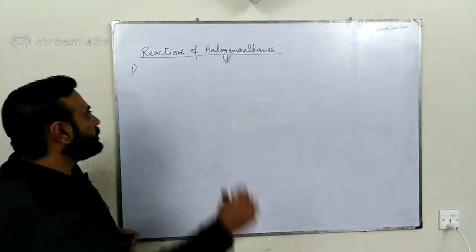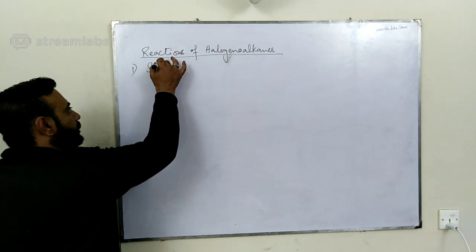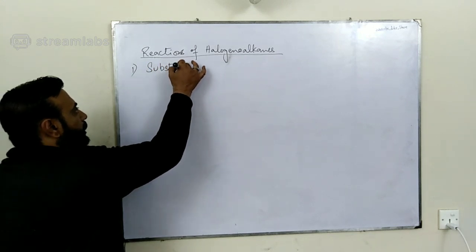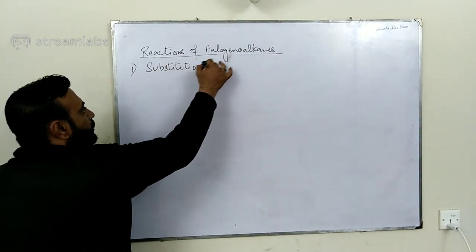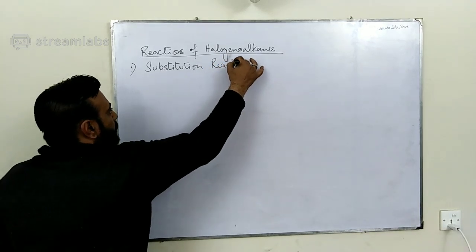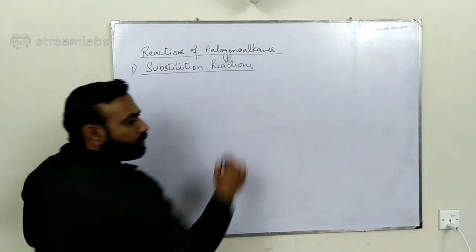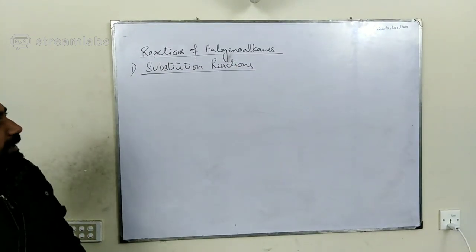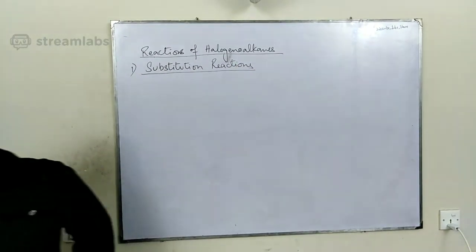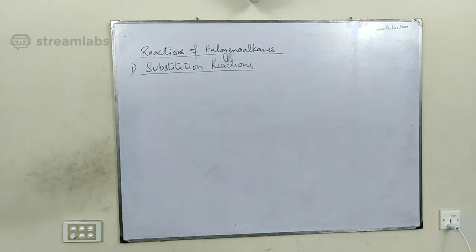One of them is substitution. Now, different radicals may be substituted in halogenoalkanes. We will deal with each one of them one by one.